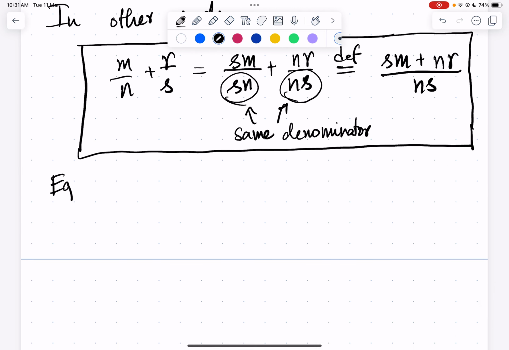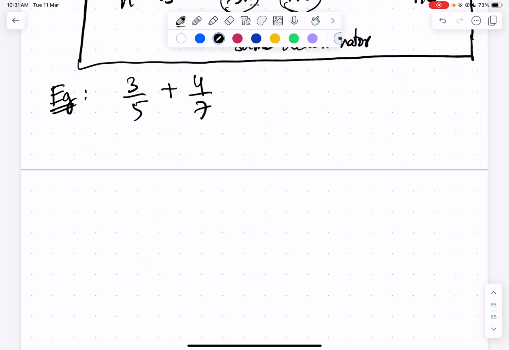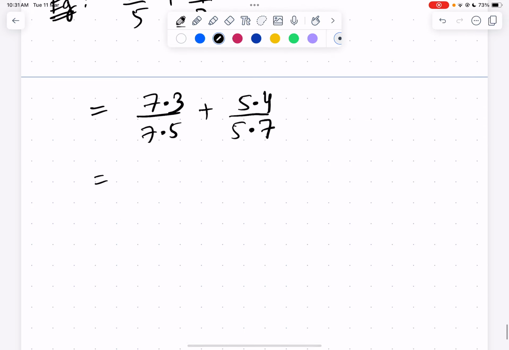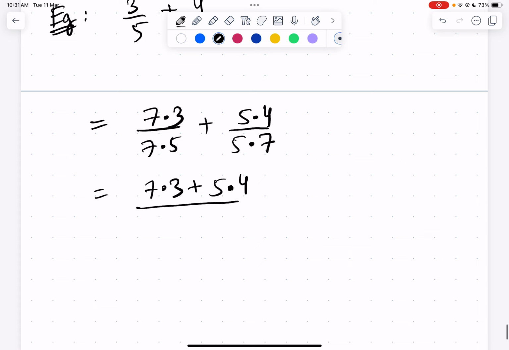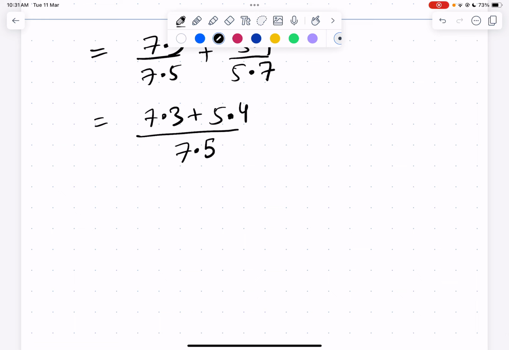Example, 3 by 5 plus 4 by 7 equals 7 times 3 by 7 times 5 plus 5 times 4 by 5 times 7 equals 7 times 3 plus 5 times 4 by 35. Once we bring both the fractions to the same denominator, we just add the numerators, and we get 21 plus 20, 41 by 35.